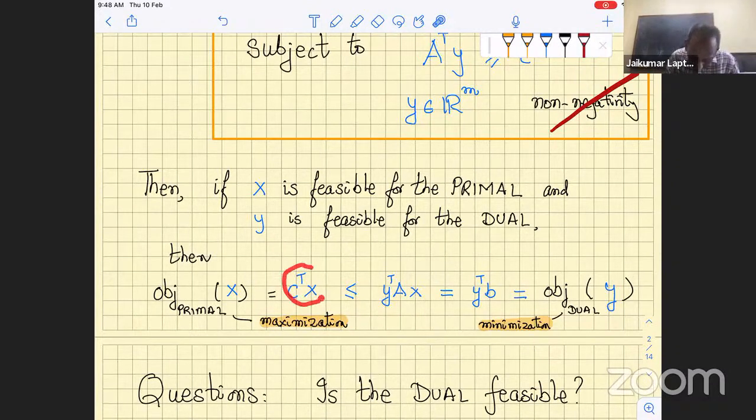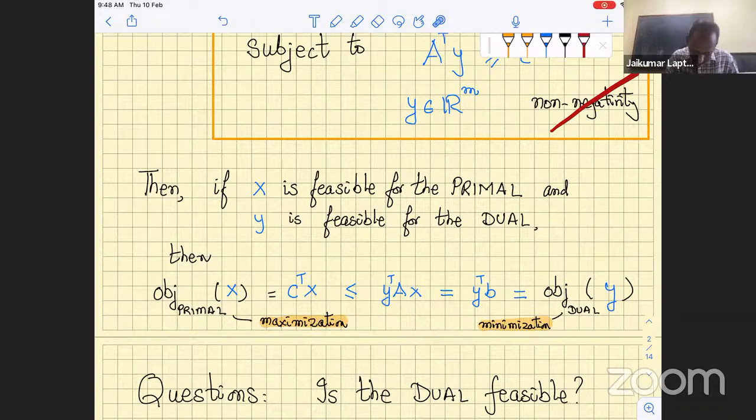That means the objective function for every feasible value for the primal is bounded by the objective function realized for every dual feasible solution. And now, in particular, for the best objective function.